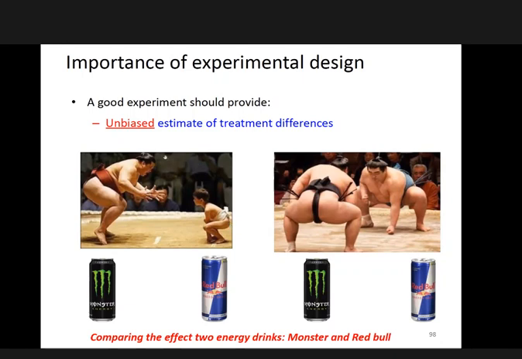Okay? So here, what do we block in this case with? What is the blocking factor and what's the treatment? The blocking factor is the different energy drinks.